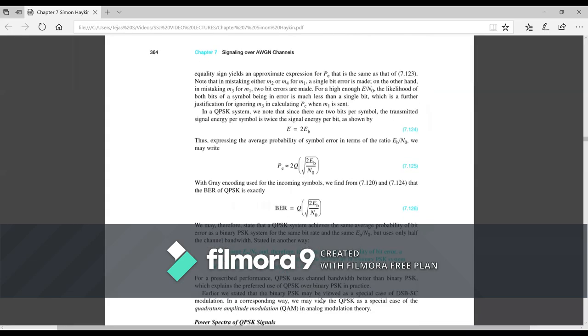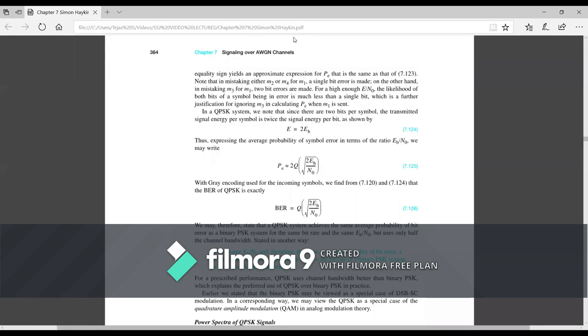I will close with this because I have already done both the error probability of BFSK and of QPSK, and in the previous session I had already covered the error probability of BPSK. In the next class, we will proceed with non-coherent detection, that is, modulation techniques using non-coherent detection.